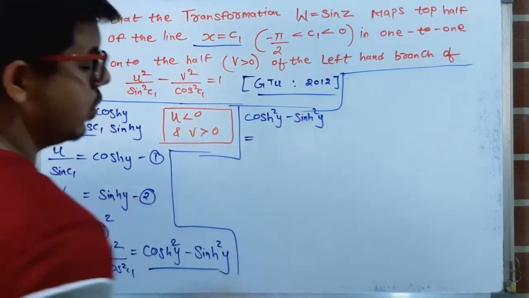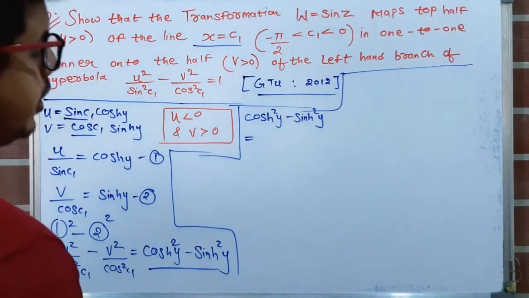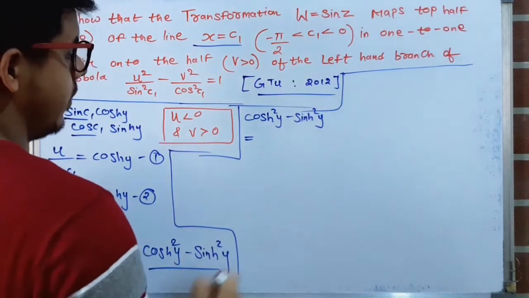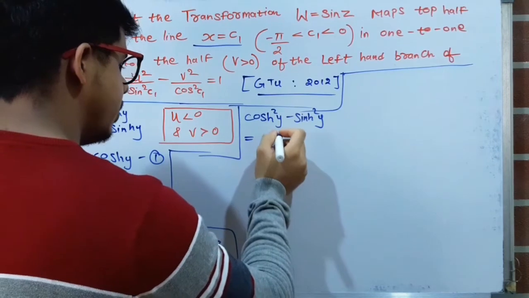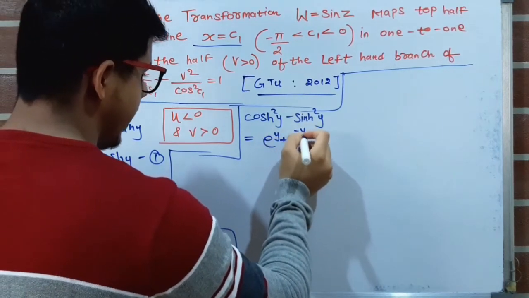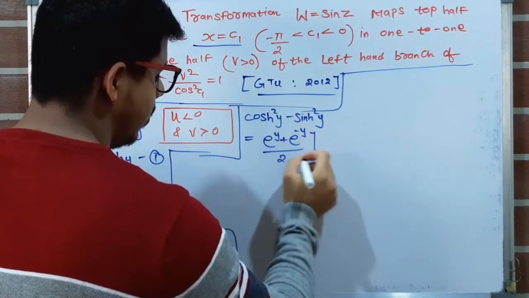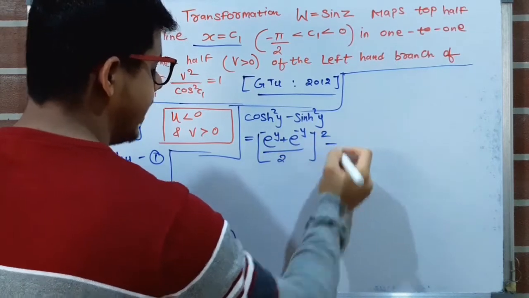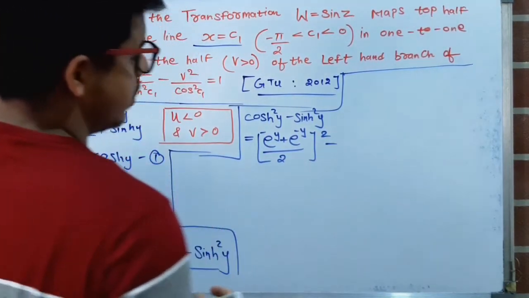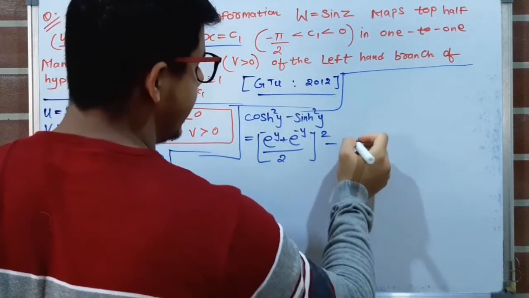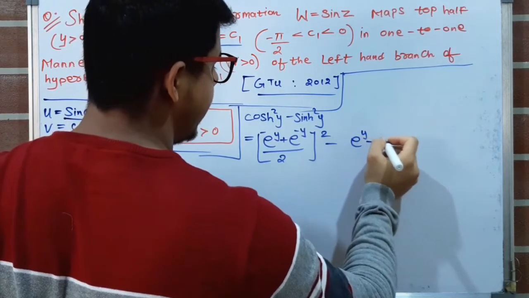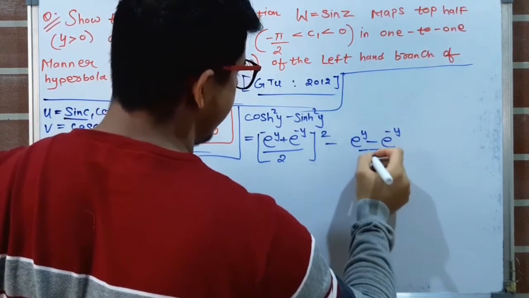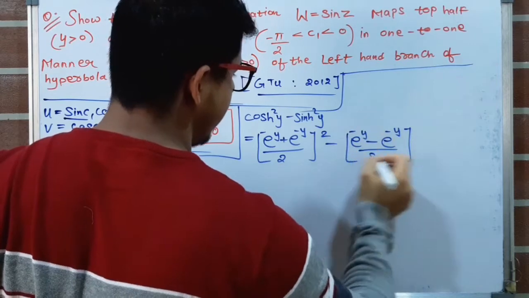Now we have to expand this term. In the previous lecture I told that cos hyperbolic y is e raised to y plus e raised to minus y divided by 2, the whole square, minus sine hyperbolic y, which can be written as e raised to y minus e raised to minus y divided by 2, the whole square.